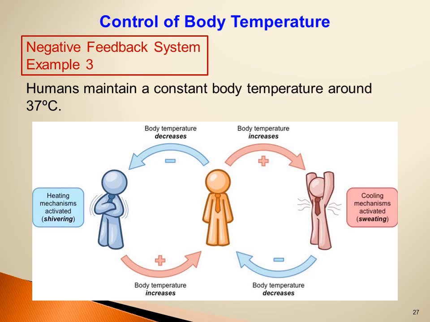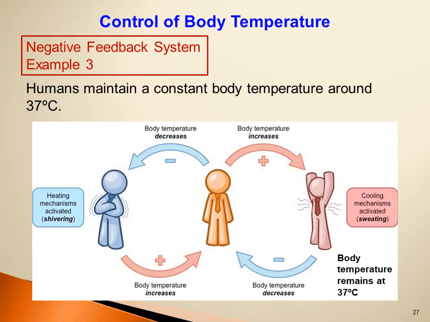This increase will be sensed by thermoreceptors in the skin, internal organs, and also in the brain, and input to the control center, which is the temperature regulating center in the brain, will activate cooling mechanisms in the body, like increasing blood flow to the skin so we lose heat from the skin, sweating because evaporation of sweat will remove heat from the body, and also decreasing metabolic rate, and this will lead to a decrease in body temperature back to normal.